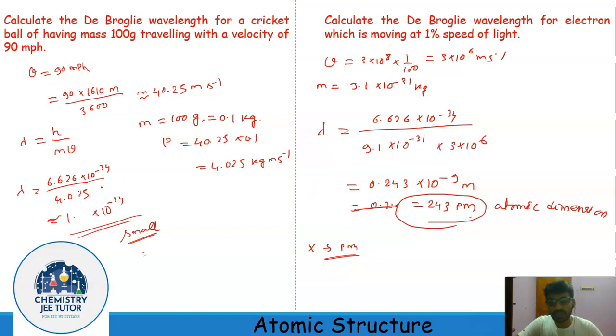In the previous example, for the cricket ball, the De-Broglie wavelength doesn't have any meaning. But for an electron, the De-Broglie wavelength corresponds to the wavelength of the X-ray. So it is clear from these two examples that for the subatomic particle, the wave character is prominent compared to the macroscopic world. Now let's see some of the experimental verification of this wave character of the electron.